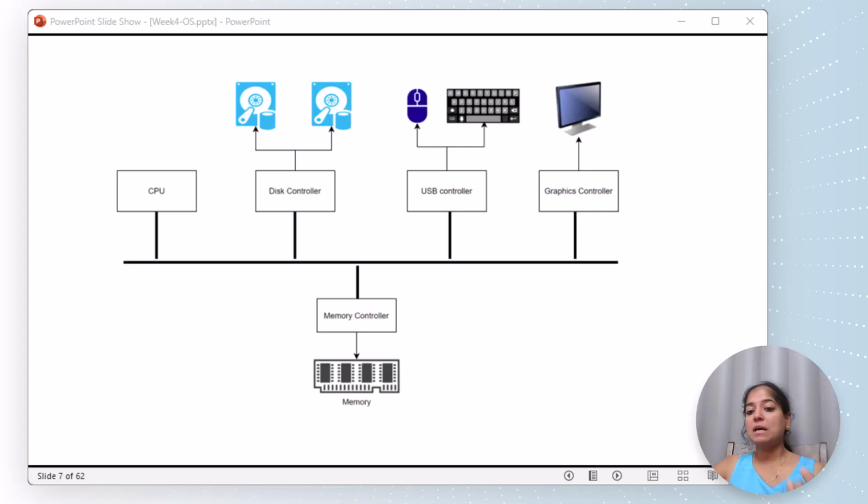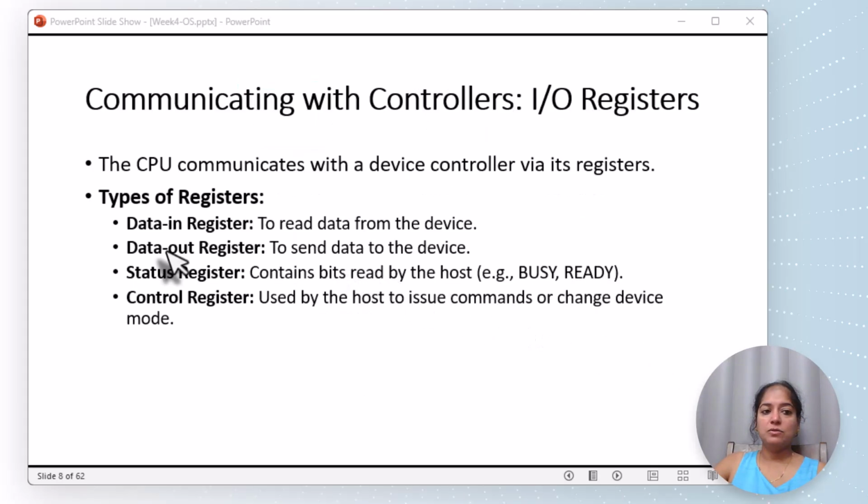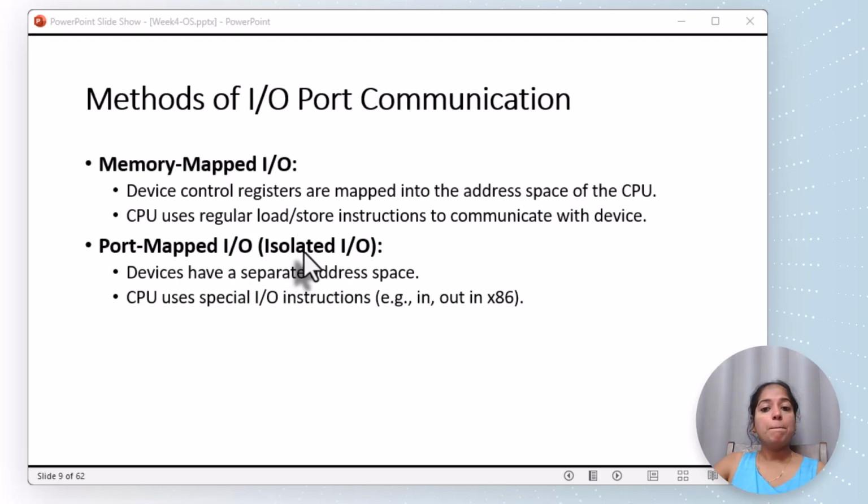For example, when you are typing on a keyboard, the key press is stored in the data in register until the CPU retrieves it. So these are the data in, data out, status, and control registers.